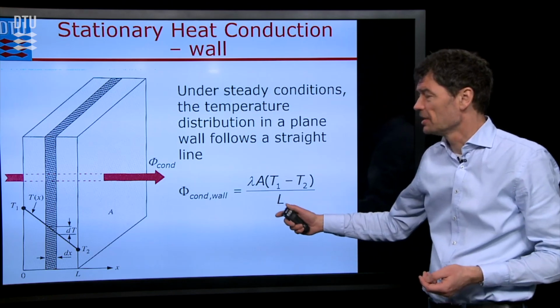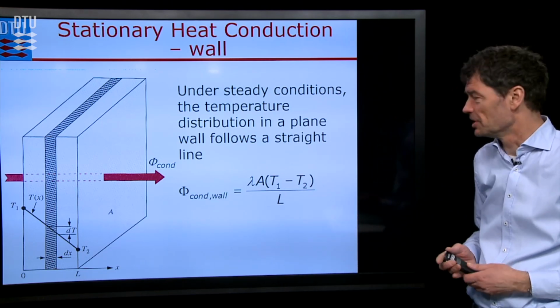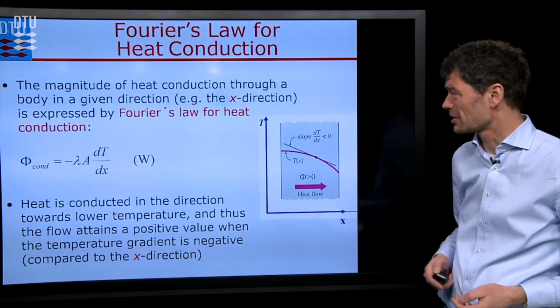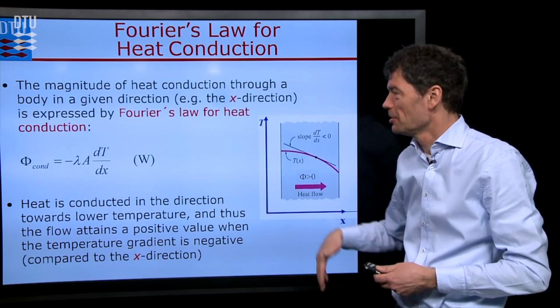And then we can calculate the heat flow according to Fourier's law, which could be written here. So we need some parameters that we'll also talk about in the lecture. So here is Fourier's law as it should be written by principle.